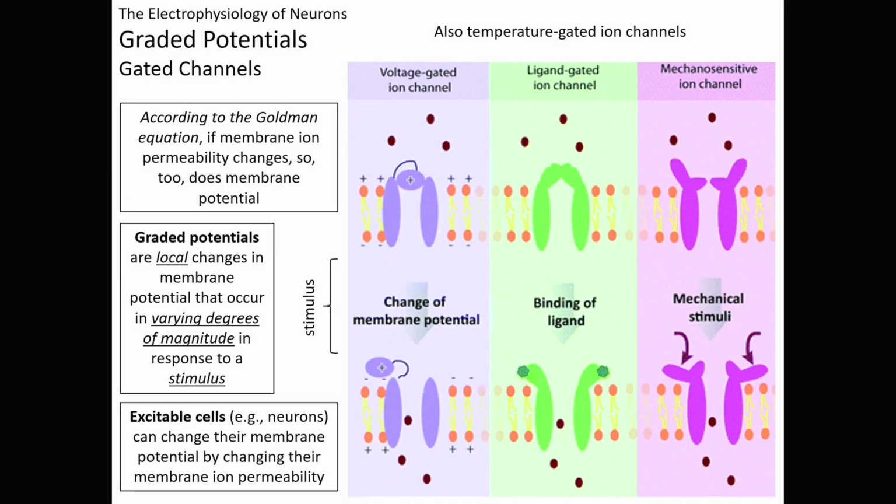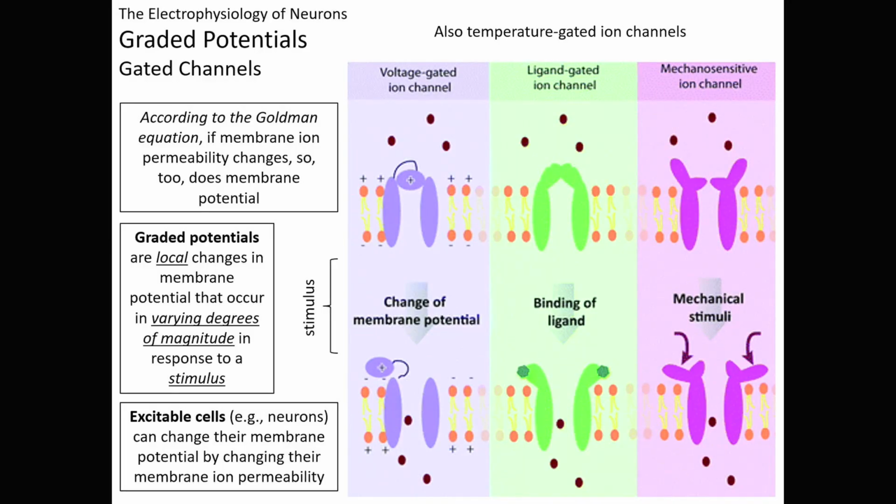So they're always allowing ions to move across the membrane. Gated channels, as you can probably guess from their name, have a gate. And of course, the key property of a gate is it can be opened or it can be closed. So when the gate is closed on these channels, they don't allow the ion to flow through. But if you open the gate, well, then the ion flows through.